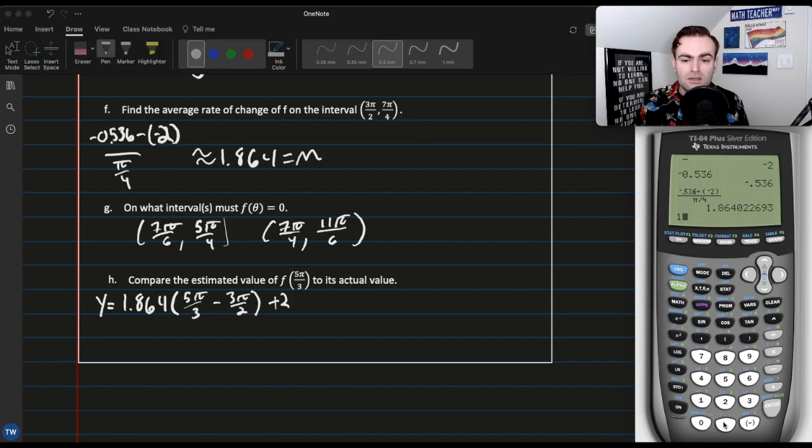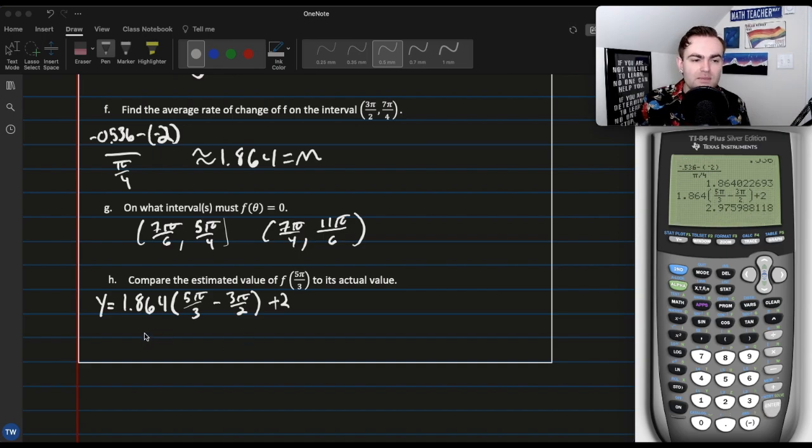So 1.864 times the quantity 5 pi over 3 take away 3 pi over 2, plus 2.